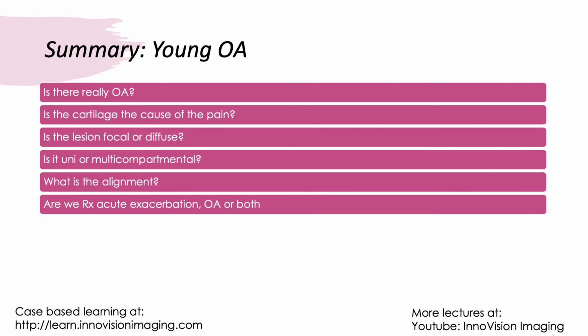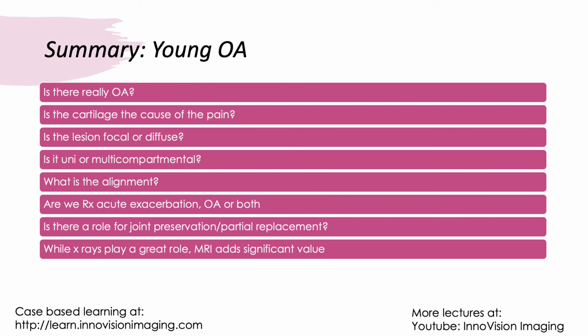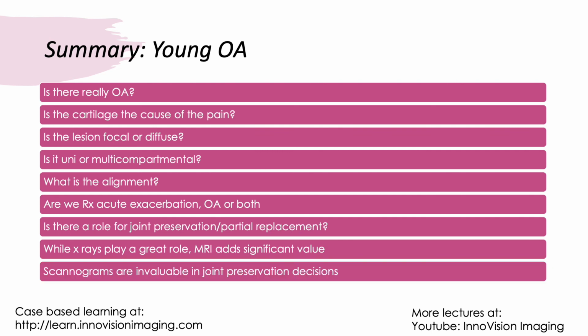Are we treating acute exacerbation of osteoarthritis, just the osteoarthritis, or both? And is there a role for joint preservation or partial replacement? And finally, while X-rays play a great role, MRI does add very significant value. Last but not least, scanograms are invaluable in joint preservation decisions.